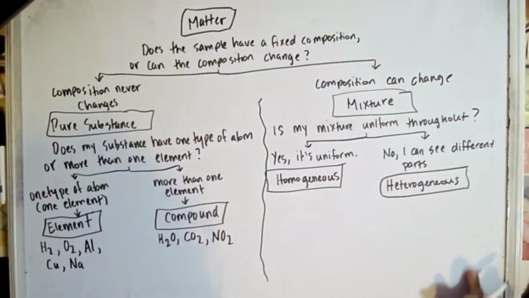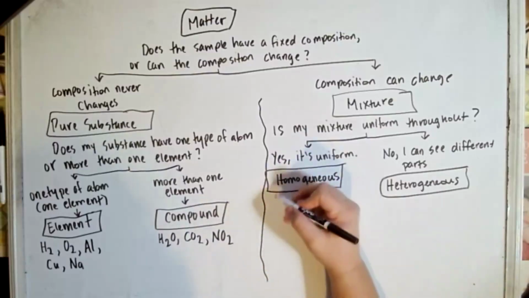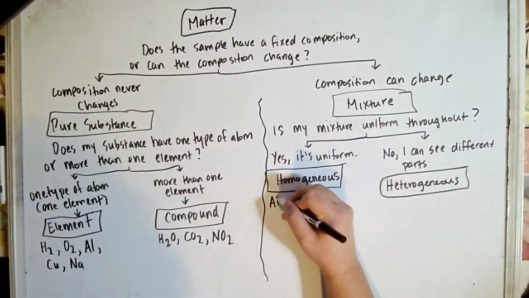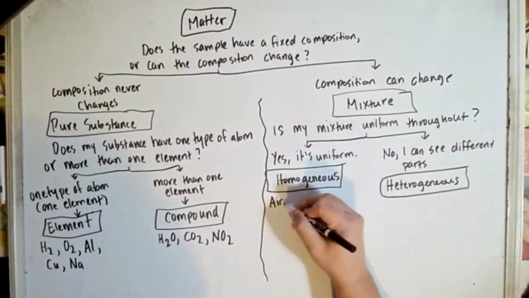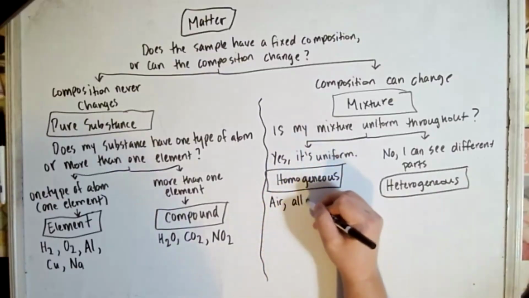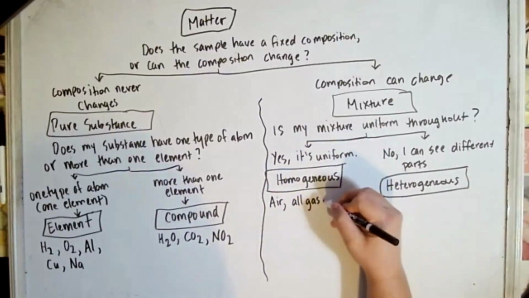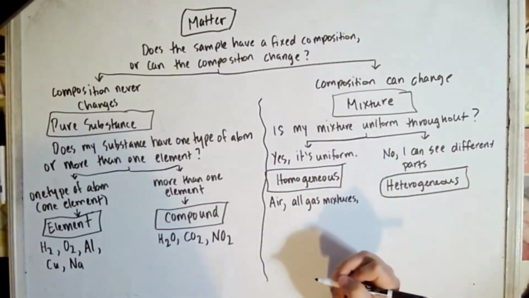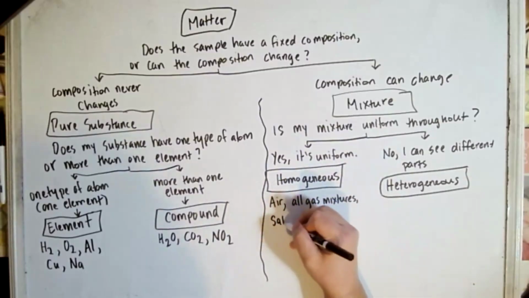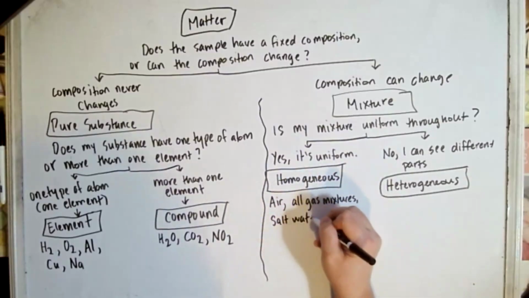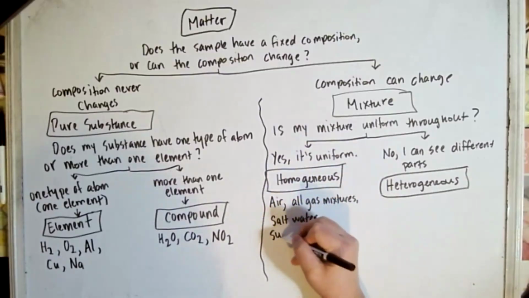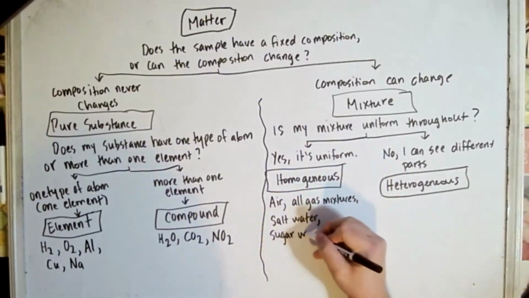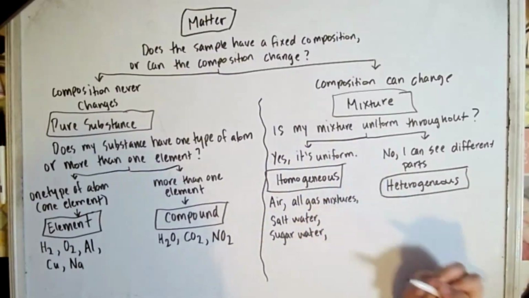Okay. And so for some examples here, like all of our gas mixtures, like air, is a homogeneous mixture. I'm just going to put all gas mixtures here because air is not the only one. Things like salt water, sugar water, right?